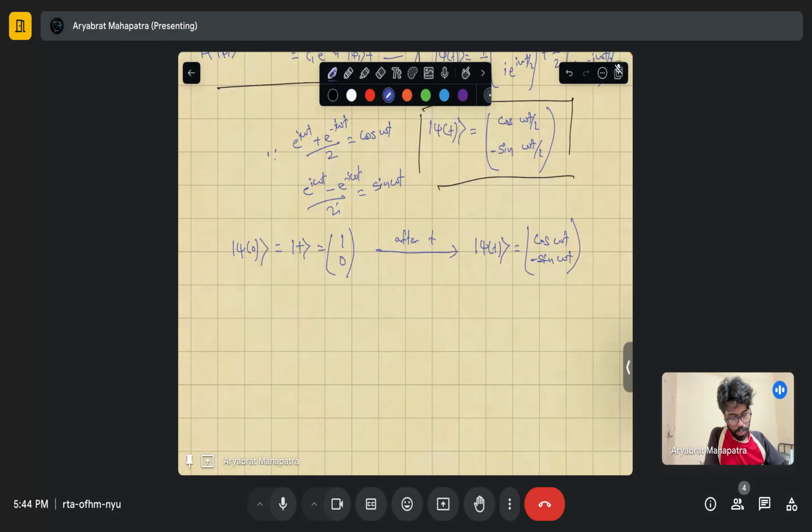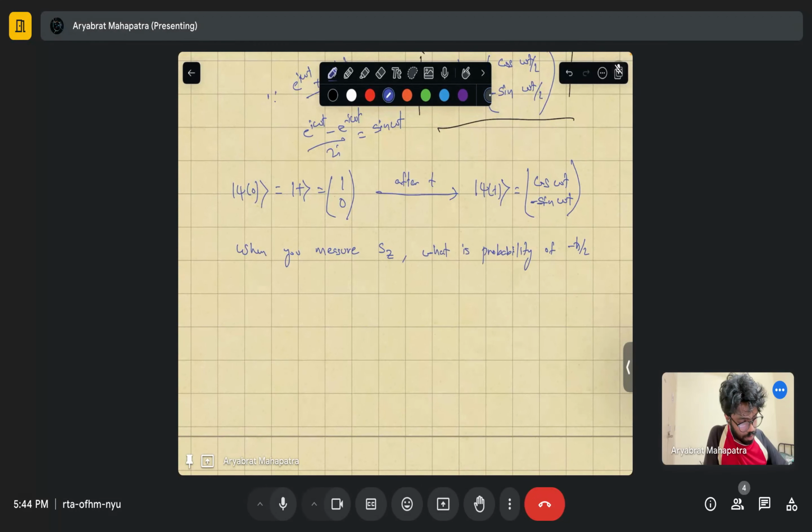Then in the question it is given that when you measure Sz, what is the probability of getting, I think it was minus h bar by 2 that was given. So what is the chance that you will get the eigenvalue minus h bar by 2?